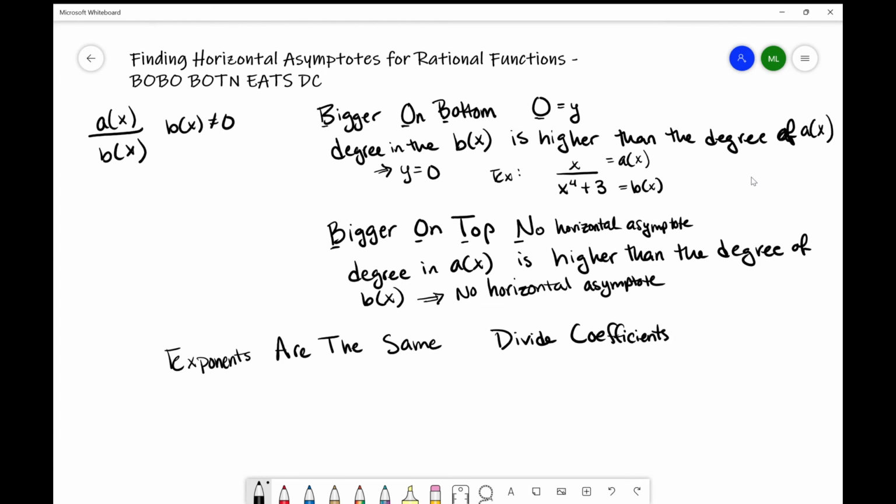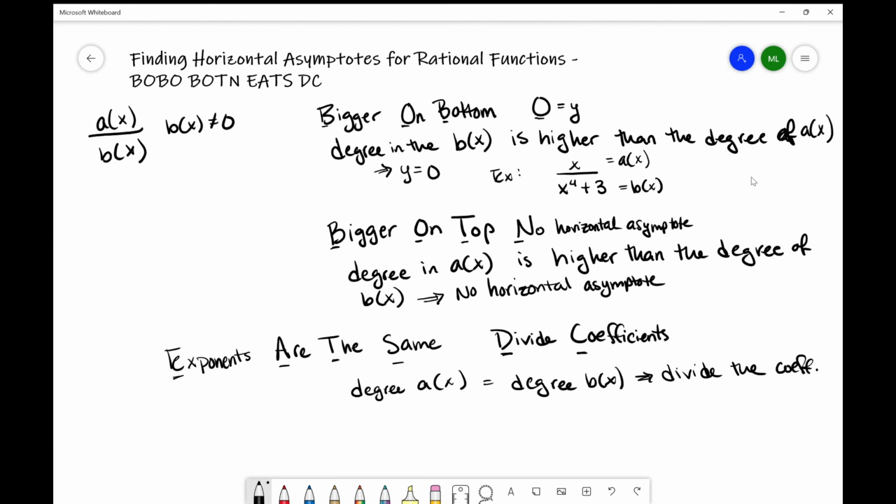So we have our eats, D, C. If our exponents are the same, meaning that the degree in a of x is equal to the degree of b of x, then just divide the coefficients of each.